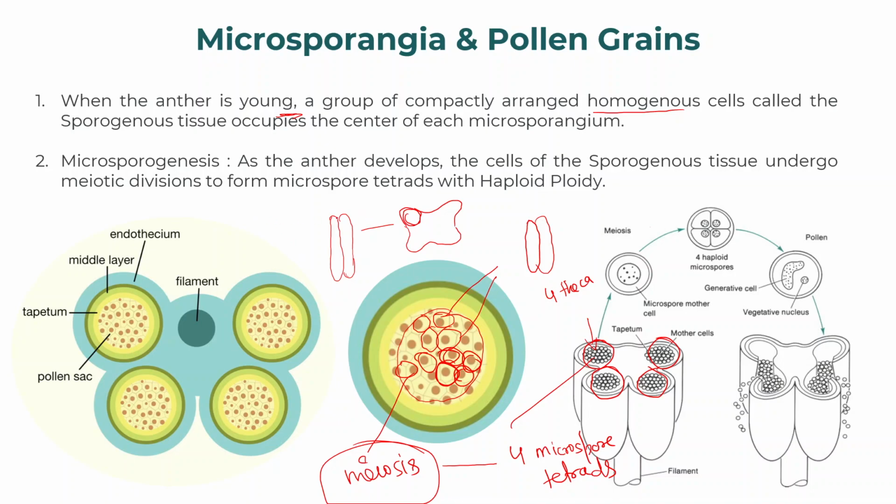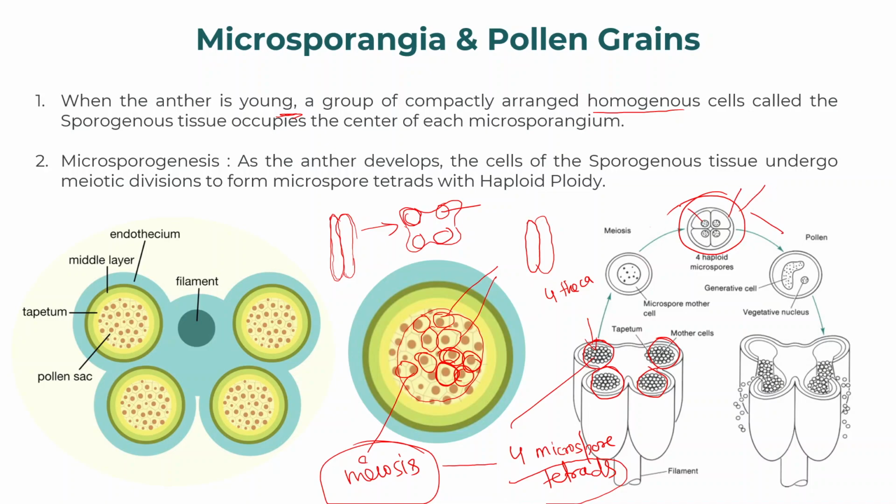It is very simple: we have this anther which is bilobed, and in it you have four thecas. In one theca, which you could zoom in on here, you can see these little cells inside it, and these cells are going to meiotically divide. The meiosis will take place, and you will get microspore tetrads like this.